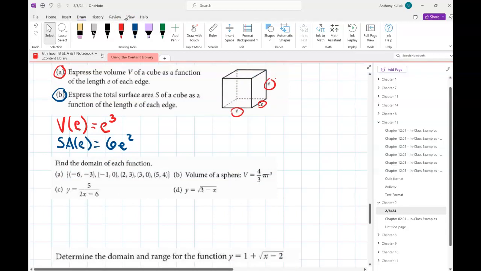All right. Domains and ranges. So the first function is given as a set of ordered pairs. If I want the domain for that first function, how do I do that? Take like the lowest x. It's not just the lowest x. Not just that. It's all of the x's.